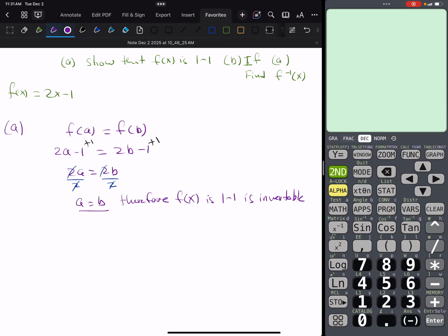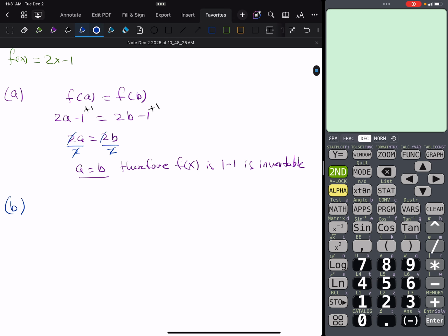Okay, now I actually need to find the inverse function. Your textbook gives a nice 4-step method for finding an inverse function. Step 1 is replace f of x with y. And so you're going to have y equals 2x minus 1.